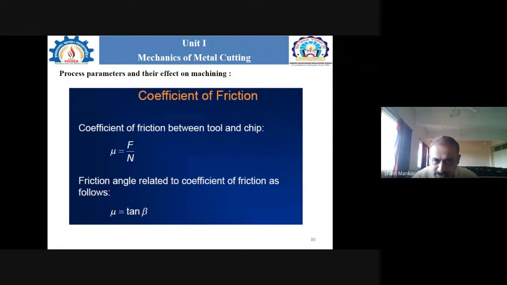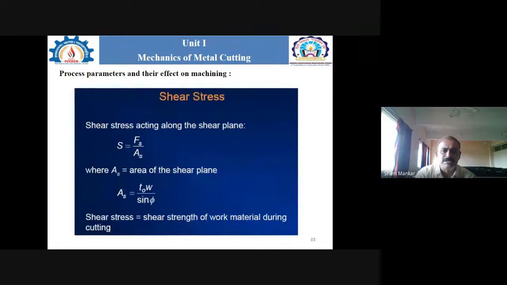The coefficient of friction between the tool and the chip, denoted by mu, is equal to F by N. The friction angle related to the coefficient of friction is given by mu equals tan of angle beta.